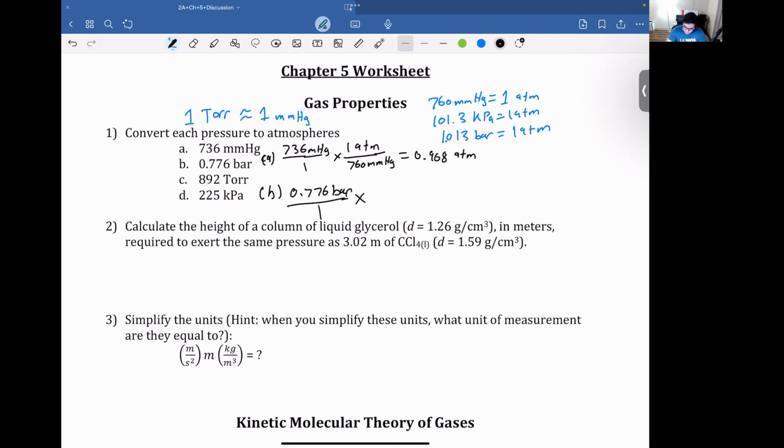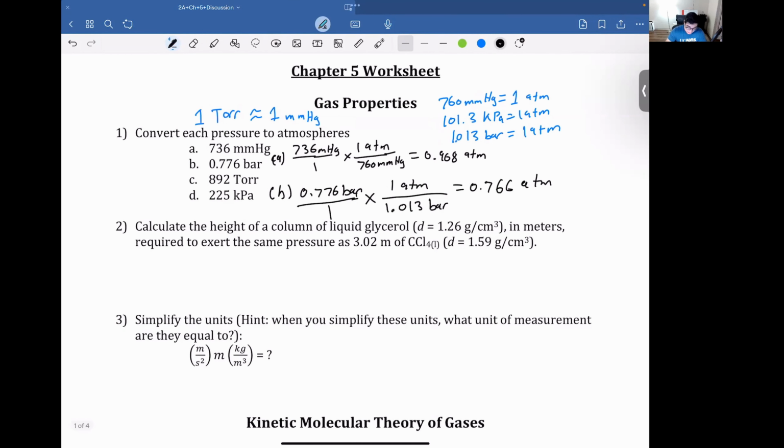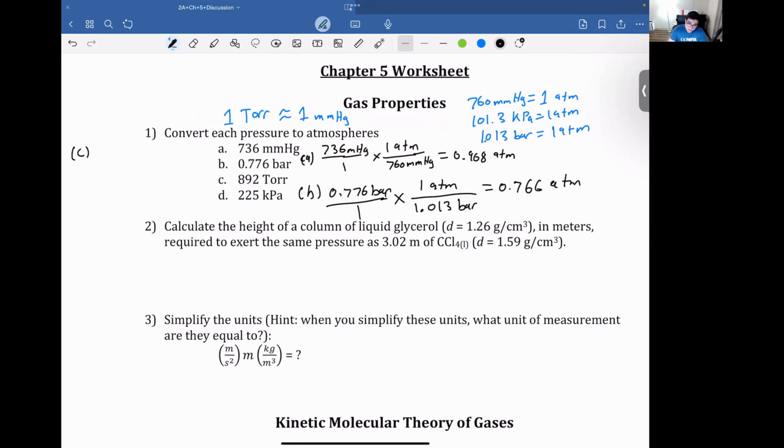So for that many bar, there's 1.013 bar in 1 atm. Plug that into your calculator, and you should get about the same, 0.766 atm. For C, doing the same thing, 892 torr. For every 1 atm, there's 760 torr.